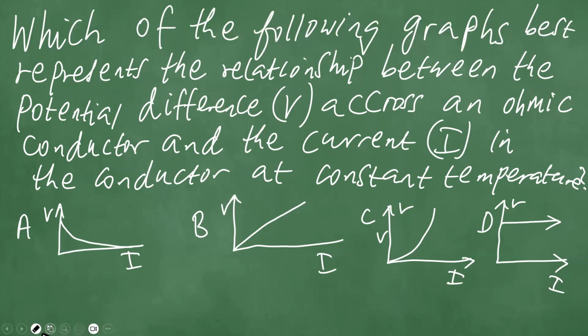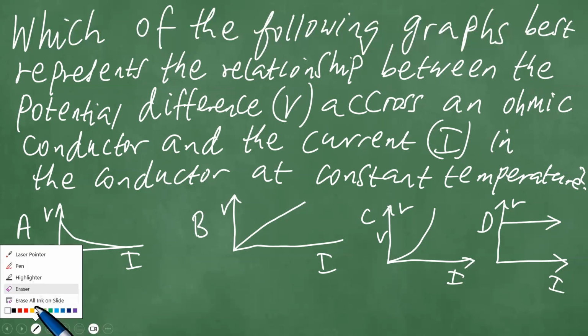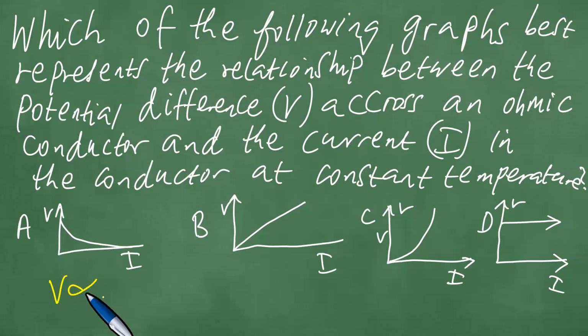According to Ohm's law, because we're looking at an ohmic conductor here, V is directly proportional to I. So this is the correct one.